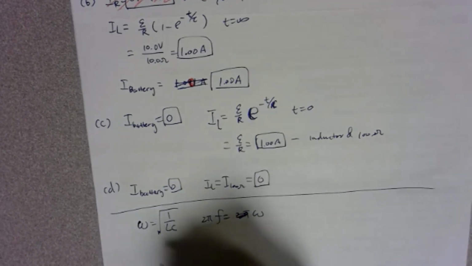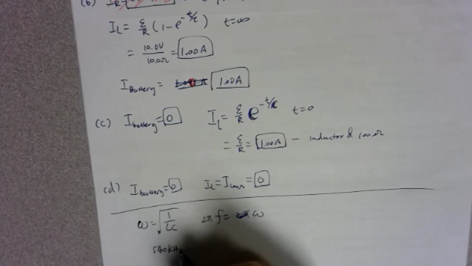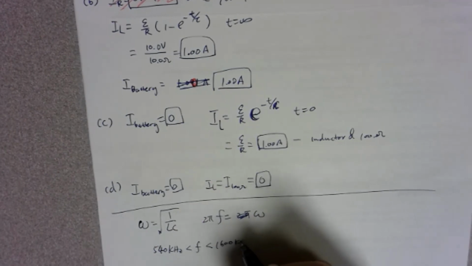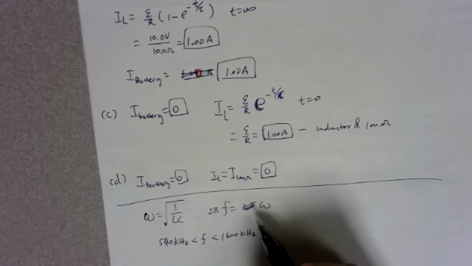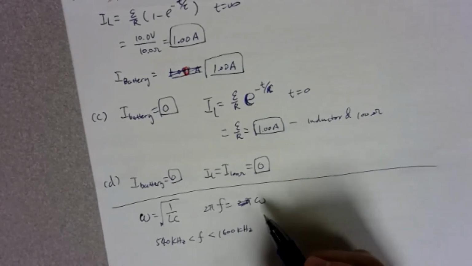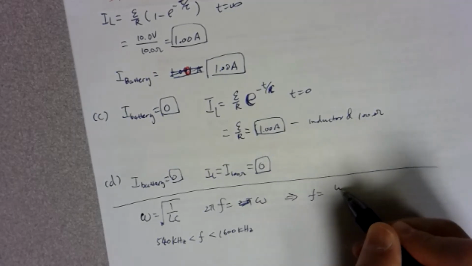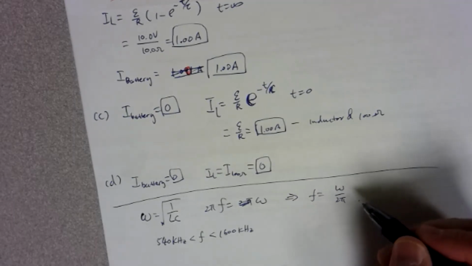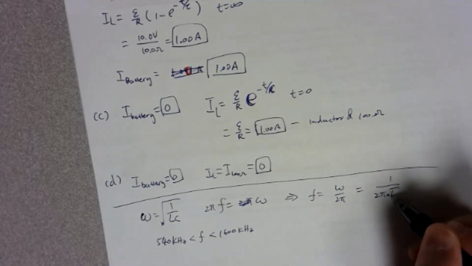So it gives us 540 kilohertz as the low end of the frequency range. So the frequency is actually omega over 2 pi, and omega is that expression. So this is 1 over 2 pi times the square root of LC.